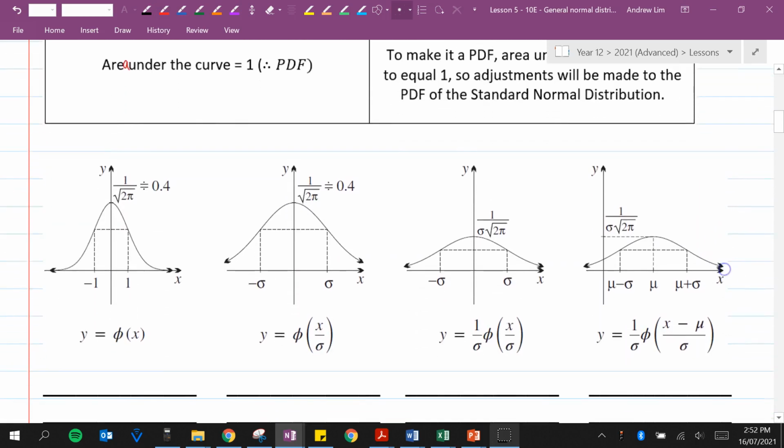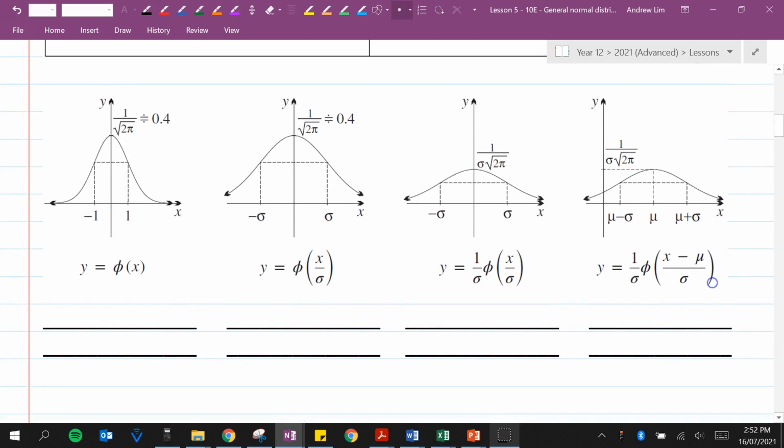Let's have a look at the very first one. This is the standard normal distribution, where the area under the curve is equal to 1.